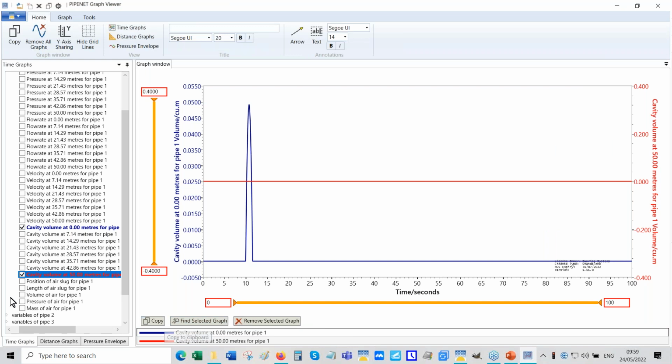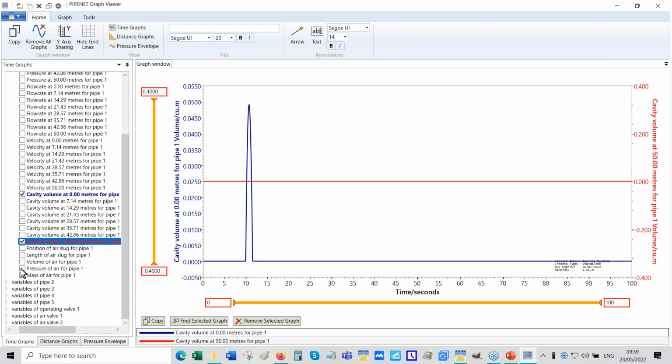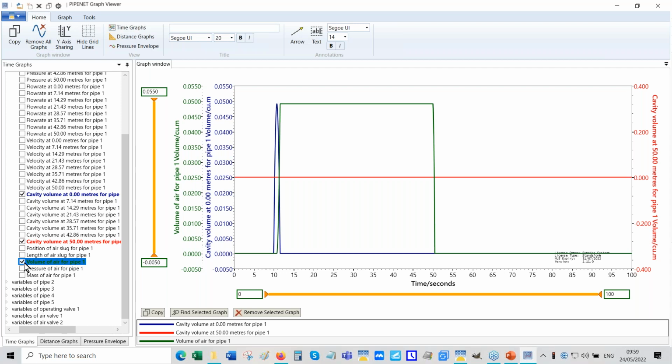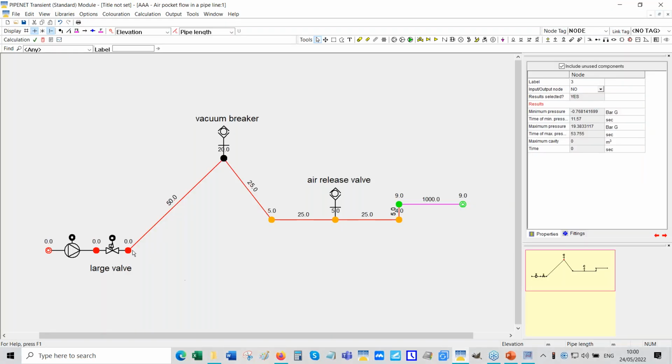So let's look at the volume of air in pipe 1. See, that's the volume of air. And that actually reaches more or less the same volume as the cavity. See, it's fantastic, isn't it? You have a certain cavity volume that's created.